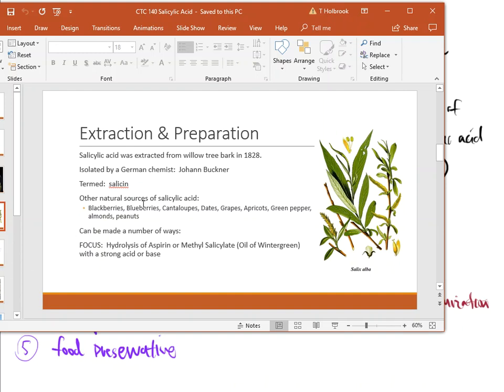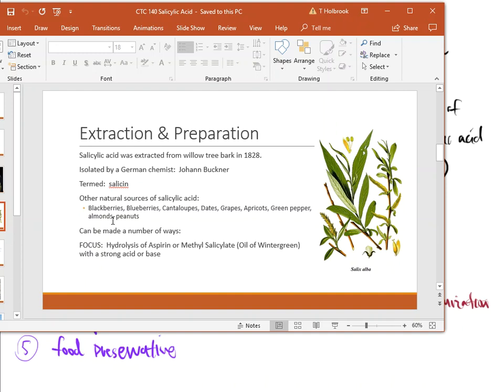Other natural sources of salicylic acid are listed right here on the screen for you. You're going to see blackberries and blueberries and cantaloupes and dates and grapes and apricots and green pepper and almonds and peanuts. All of those have some type of salicylic acid relationship to them, if not salicylic acid itself. If you take a look at a lot of these face creams and masks that people will sell to you in any type of store, you're going to see a lot of these fruit products used.